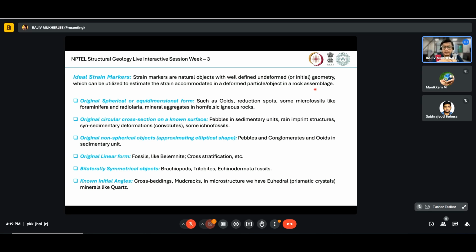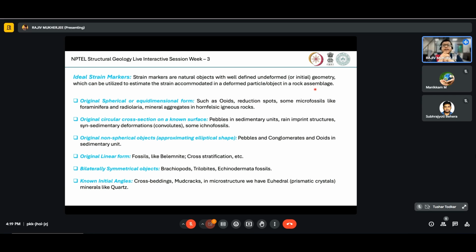For example, I am observing an elliptical shaped pebble or a mineral grain or rain imprint or whatever geological structure it may be. It can be a fossil as well in some rock exposure. Now, to my understanding, I can quickly assume that okay, so initially this might be a spherical object that has deformed to this kind of elliptical object.